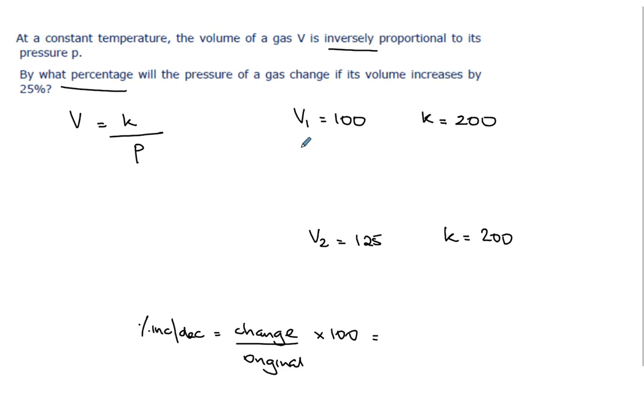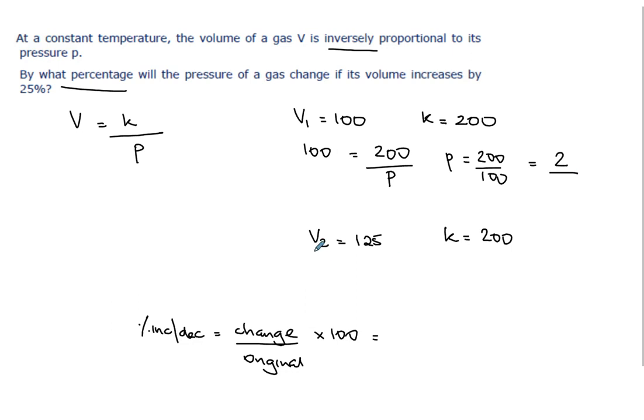So you've got 100 equals 200 divided by P, and you can tell P will be 200 divided by 100, which is 2.